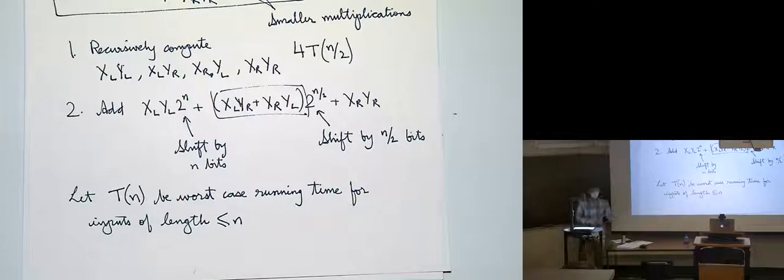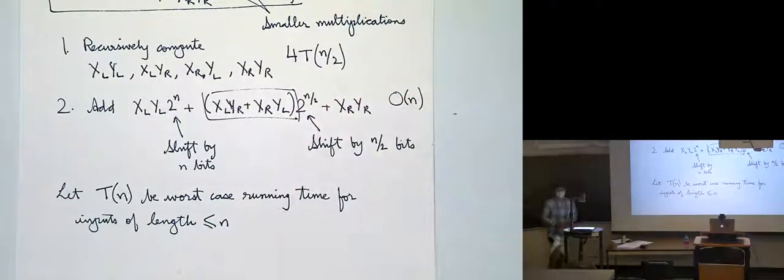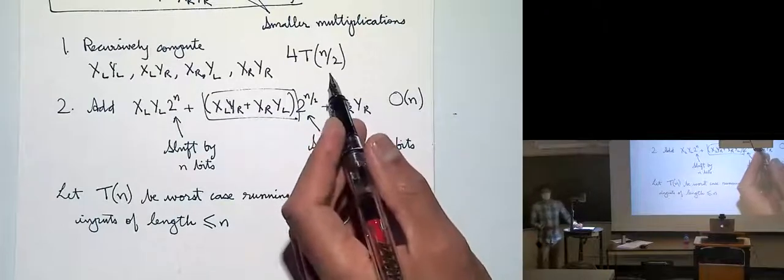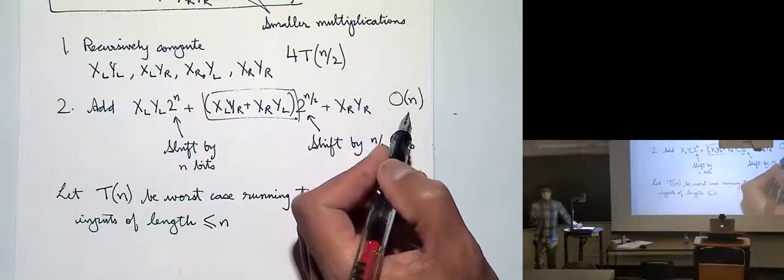Okay, 3n, O of n. That's why we use the O notation, right? So that you don't have to worry about the constant. It's basically O of n. Does everyone see that? So this runs in O of n. So 4 times T of n over 2 plus O of n. That's what it is.